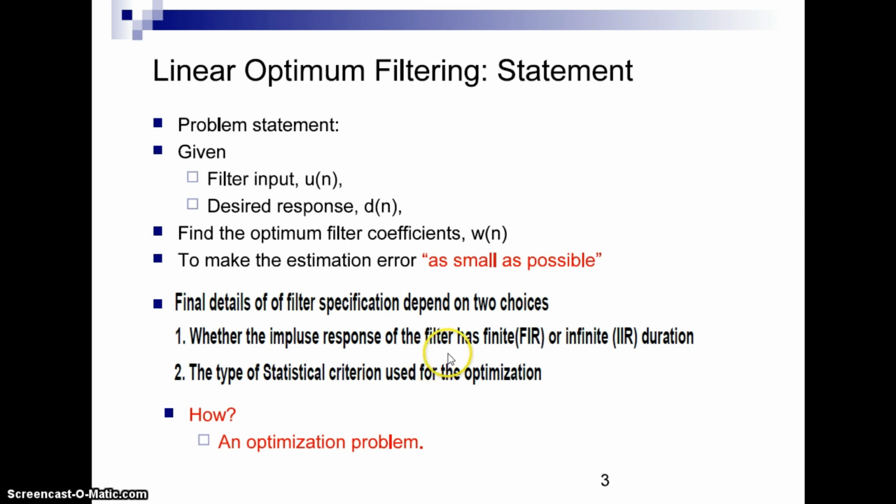For the first choice, whether the impulse response of the filter is FIR or IIR, for the initial development of Wiener filter theory, we'll assume an IIR filter. So the theory includes the FIR filter as a special case, because FIR filters are a special case of IIR filters.